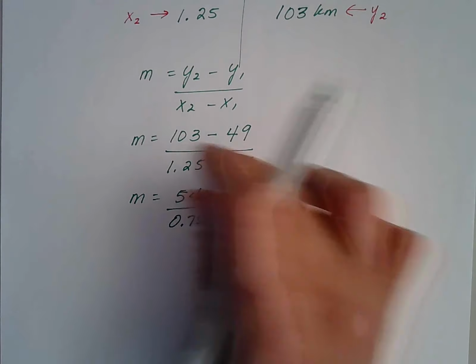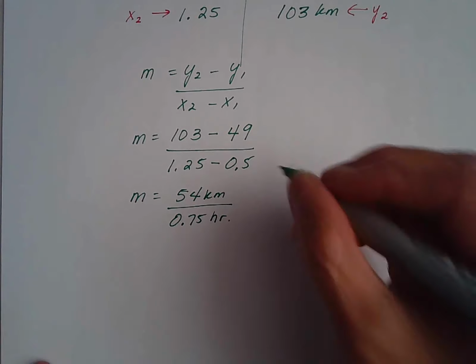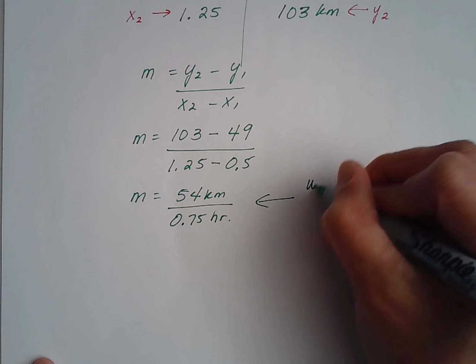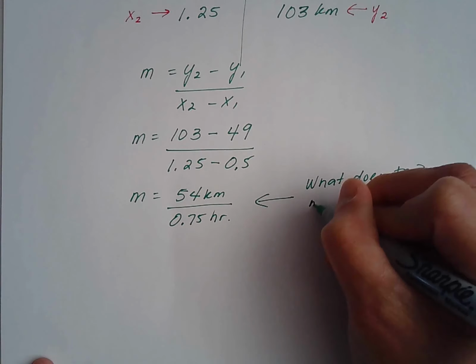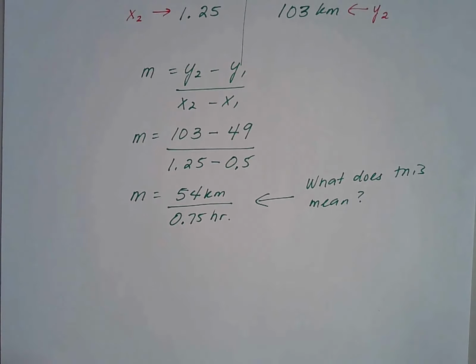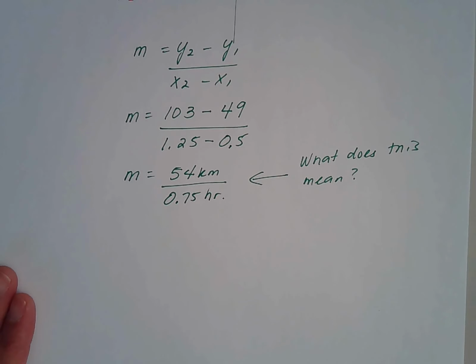Okay, interpret this for me. What does that tell you? What does this mean? We don't want to calculate something that we don't know about. How do you interpret this? Kilometers divided by 0.75 hours. Right?